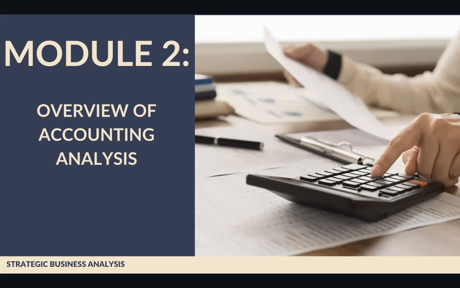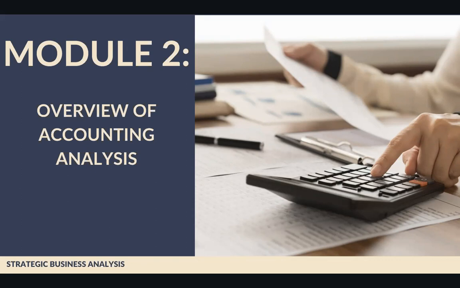Today we're going to be starting a new module in strategic business analysis. Last time we talked about the characteristics or types of analysis that we need to do when we're doing business analysis and the considerations that we need to look at.